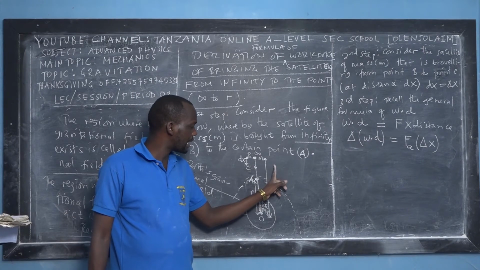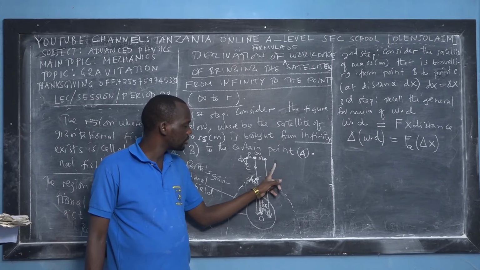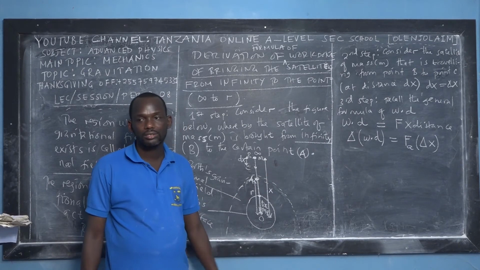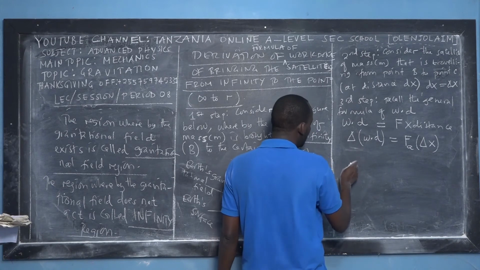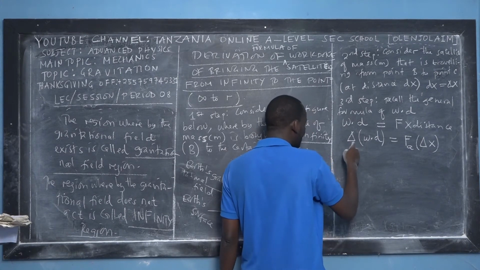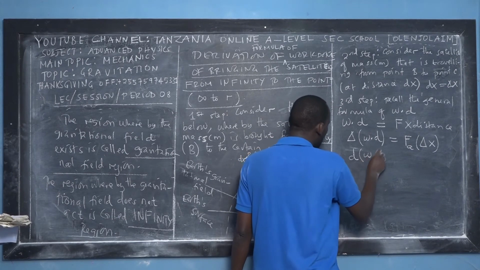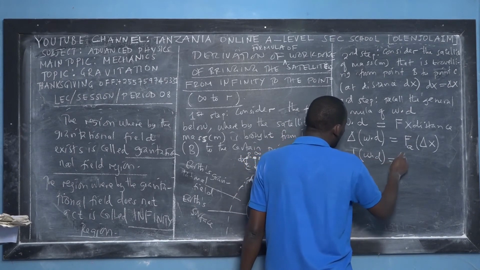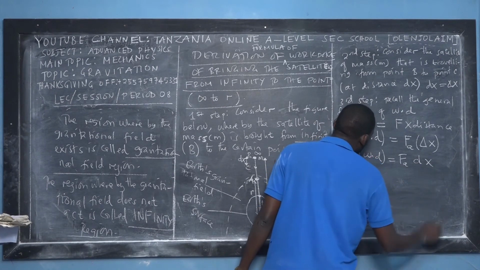For example, the satellite was here, and then it moved just a small distance like this. So this is point B, this is point C. In physics we replace this delta with d for the work done, and the small distance is dx.